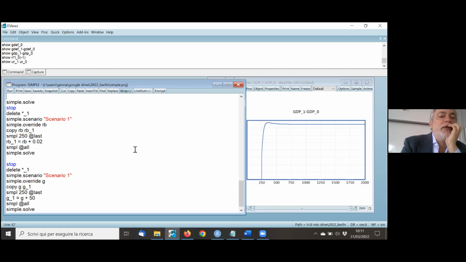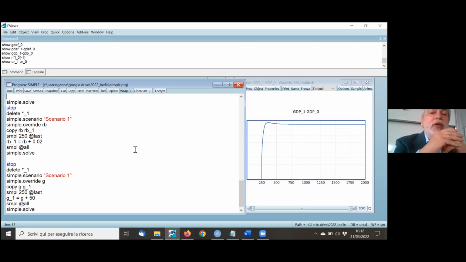So if you shock an autonomous component of demand, then the utilization rate increases. This triggers additional investment, so the stock of capital increases and the utilization rate goes down.